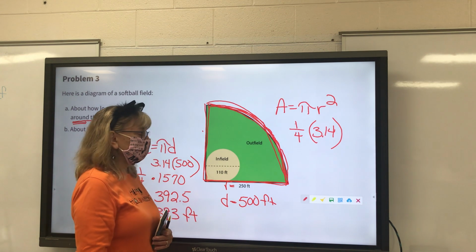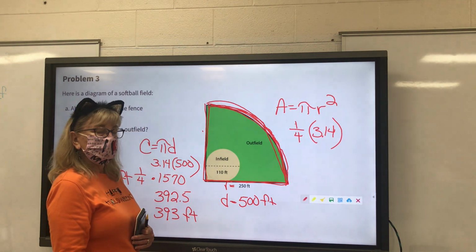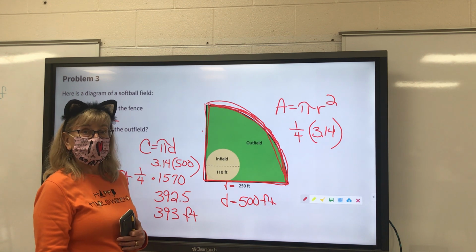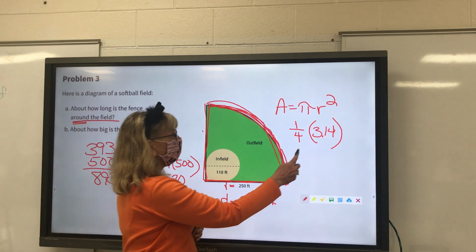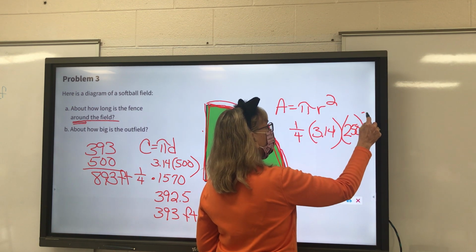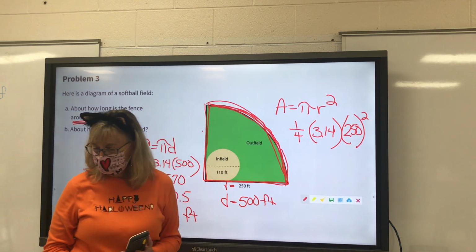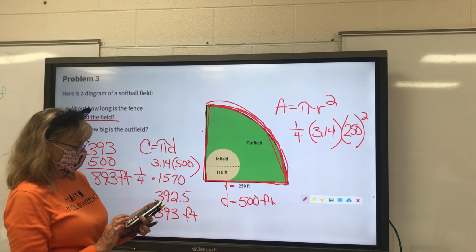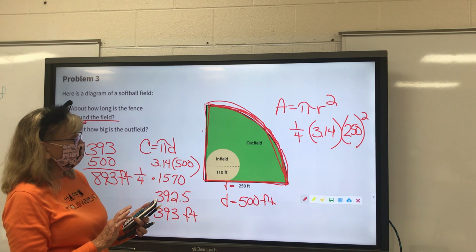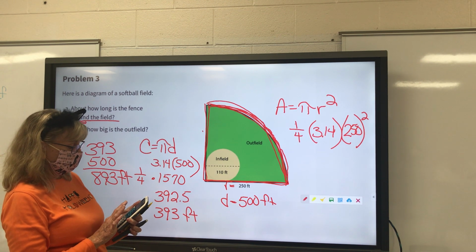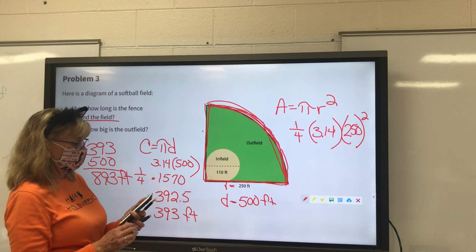What did we say the radius was? 250, and we're going to square that. Huge number. All right, so what do we get? Times 3.14 times 250 squared.